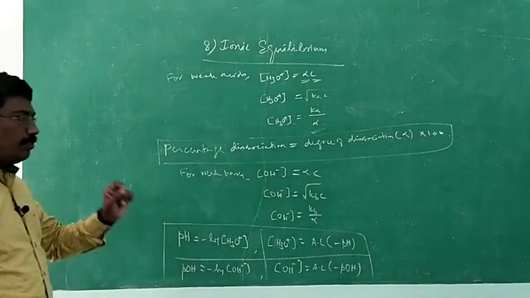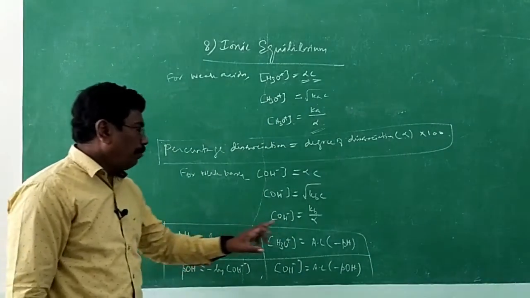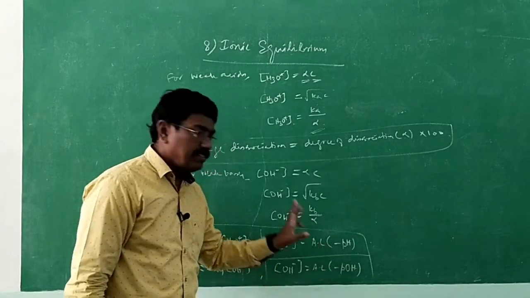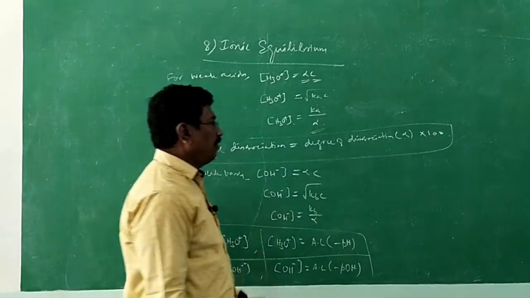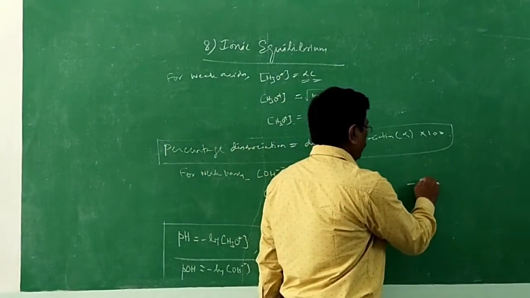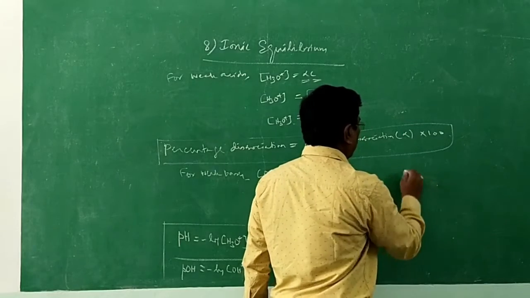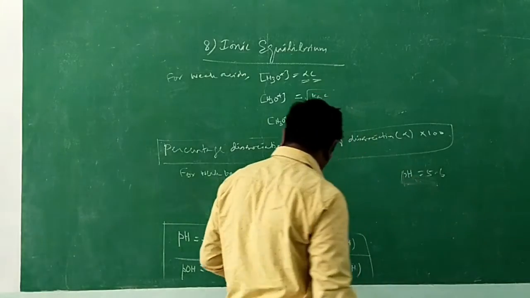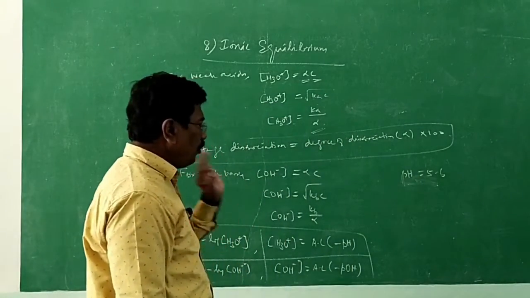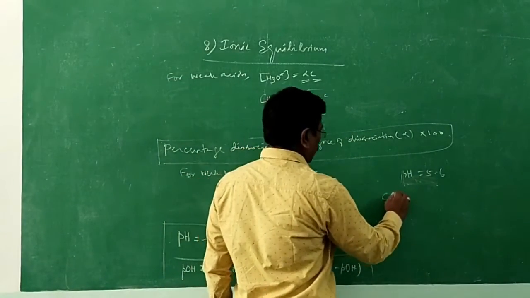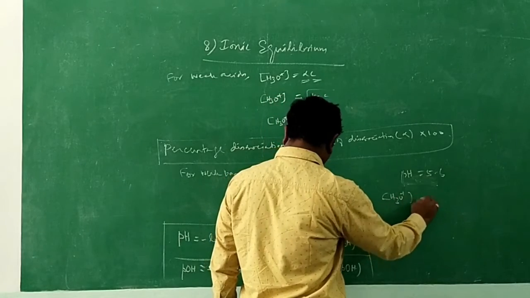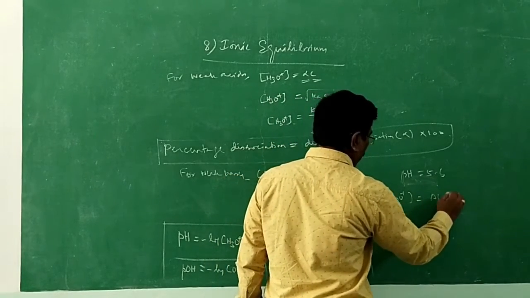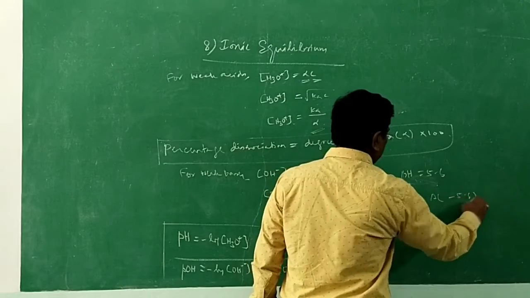Now, one more point I have to say. For a negative value, we cannot take antilog. Suppose they give pH of the solution as minus 5.6, and ask to calculate hydrogen ion concentration. So what will you do? Hydronium ion concentration is equal to antilog of minus 5.6.